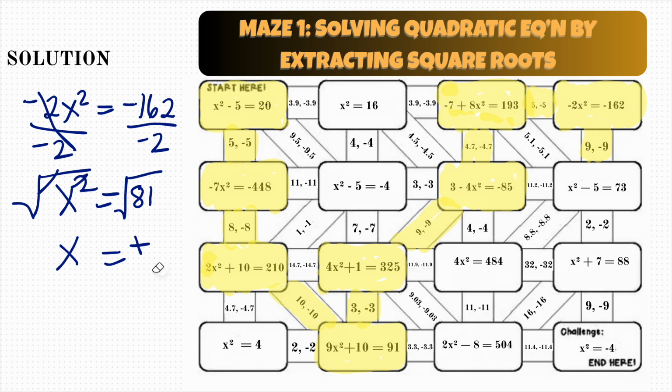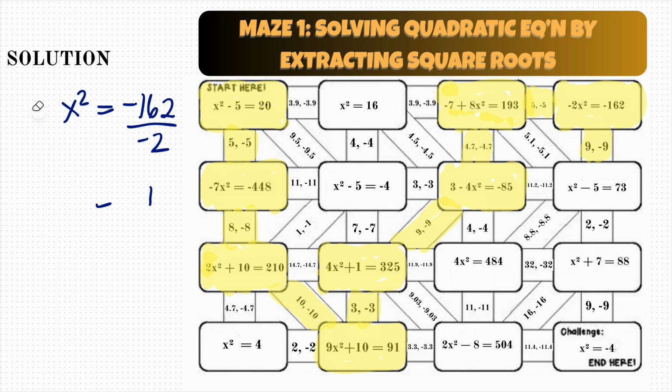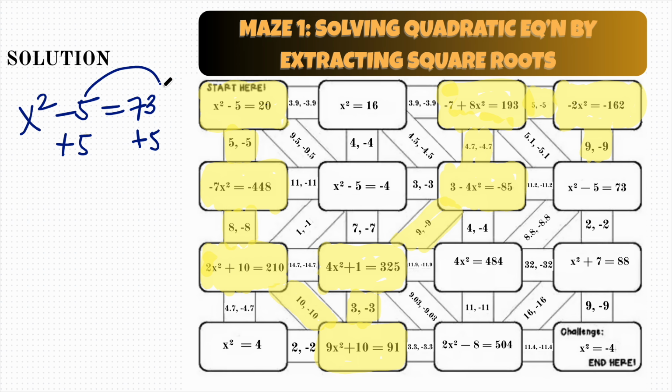Okay, so let's proceed to the next one. I think we're almost there. We have x squared minus 5 equals 73. So we have to add 5 to transpose this 5 to the right side of our equation. So x squared equals 73 plus 5, which is going to be 78.